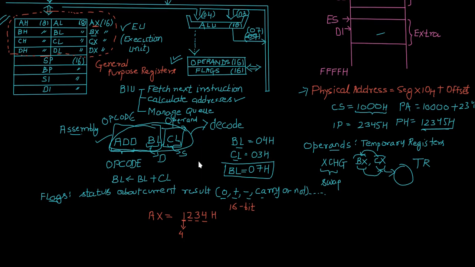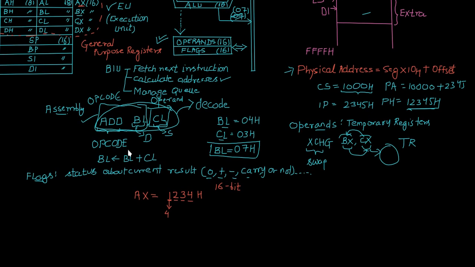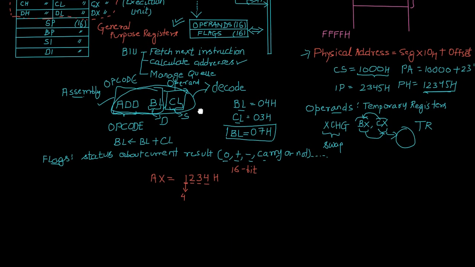But you cannot store the whole 16-bit data into AL or AH, which you can see here, because AL and AH are of 8 bits.